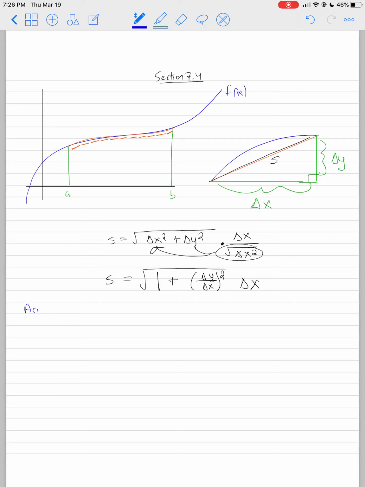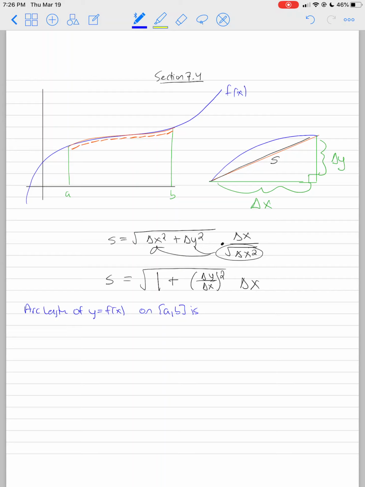So, the arc length of y equals f of x on an interval from a to b is then defined by, well, how do I always solve a problem? I cut up my arc length into slices. I approximated each slice with a straight line.